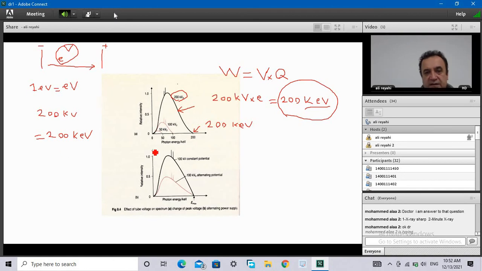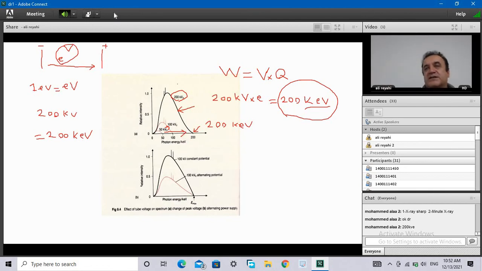So when the voltage is increased, for example 50 kilovolt, and then 100 kilovolt, and then 200 kilovolt, the continuous spectrum moves towards right.